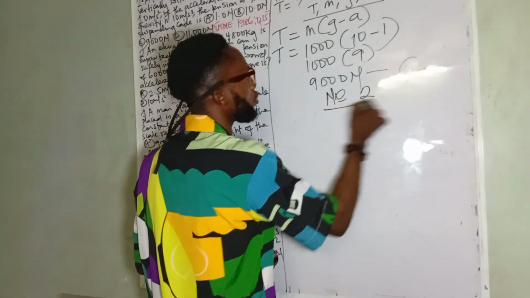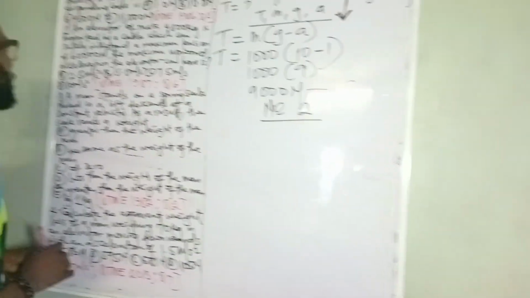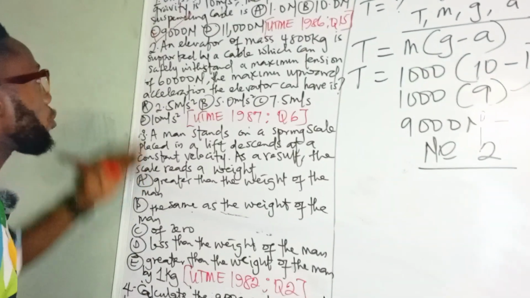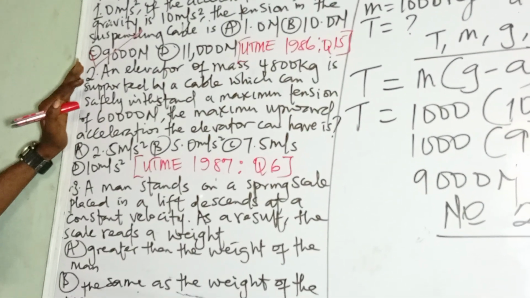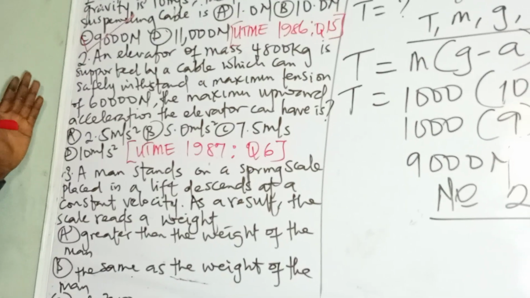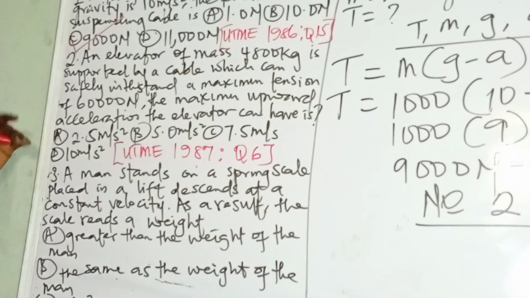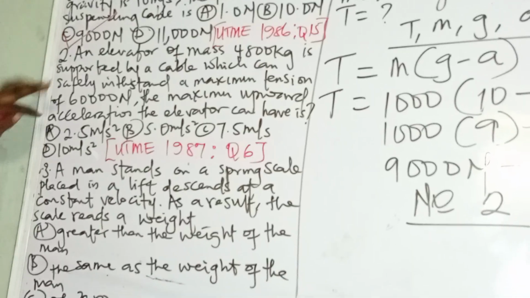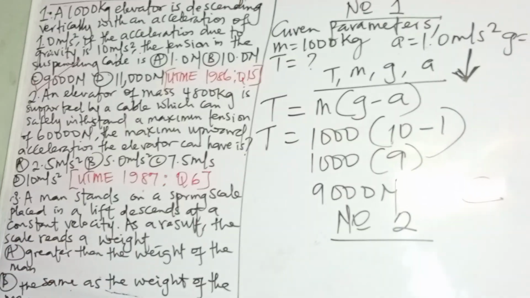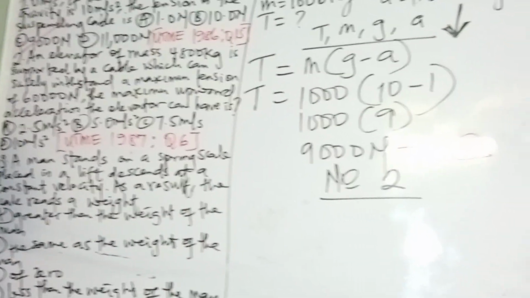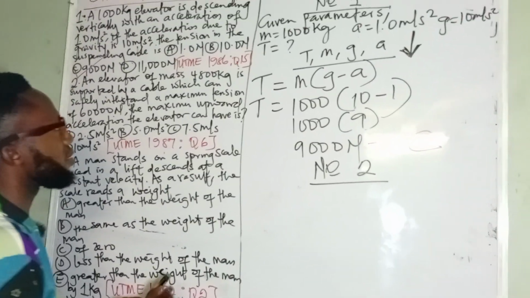Then let's have number 2 here. So the question number 2 says, so you can zoom it, write the question down and the solution. Then you can pause and try if you are going to get the correct answer if you have watched the previous videos. Number 2 question says that an elevator of mass 4,800 kilogram. So here we have mass.